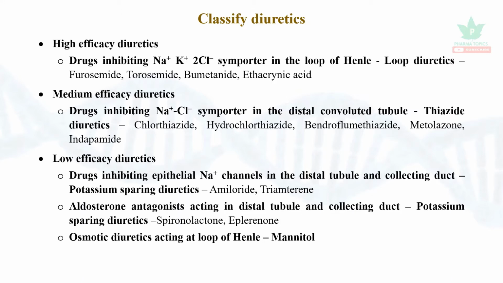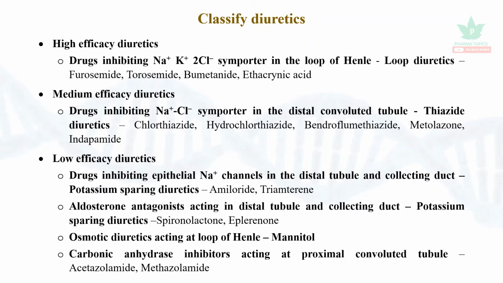Then osmotic diuretics, they act at the loop of Henle. It is mannitol. And carbonic anhydrase inhibitors acting at the proximal convoluted tubule, acetazolamide, methazolamide. So in this classification, you can see the efficacy, the mechanism, and the site of action. So this classification is based on efficacy, site of action and mechanism of action.